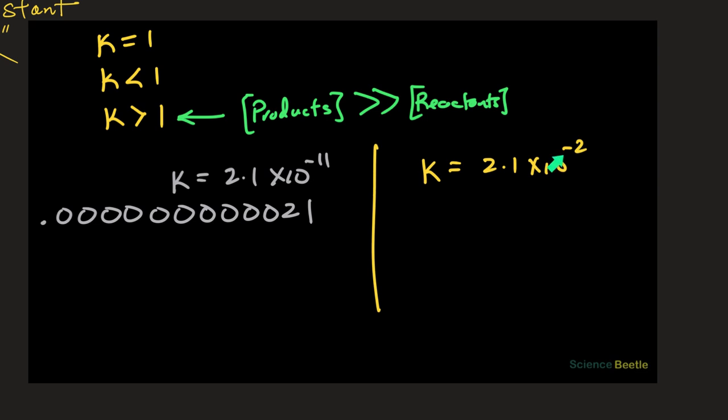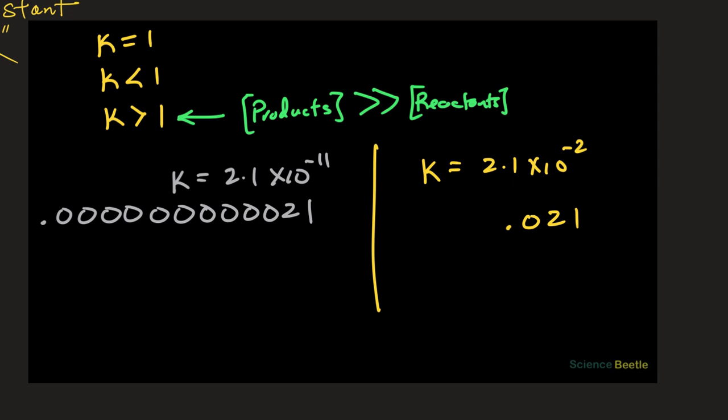Even though we have a negative exponent here, when we convert this value, it's 2, 1, there's 1, 2, you can see that this particular value, 0.02, is significantly greater in amount compared to the one on the left. So this one here, the one with the expression in yellow, compared to the one on the left, is going to favor more product formation.